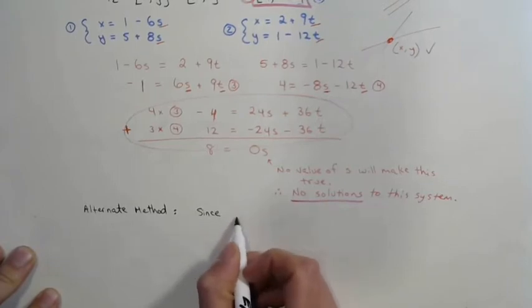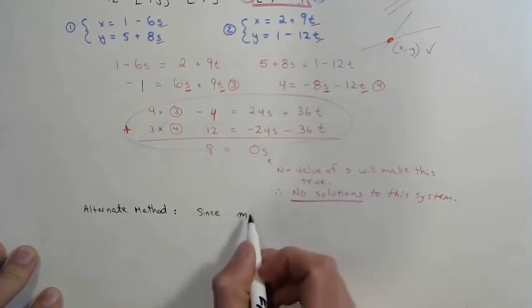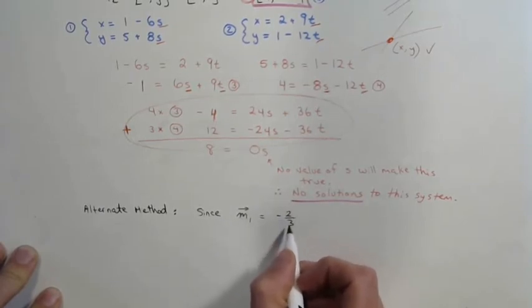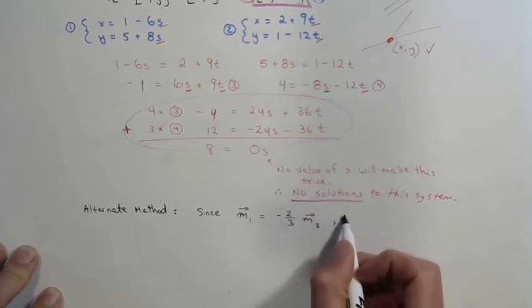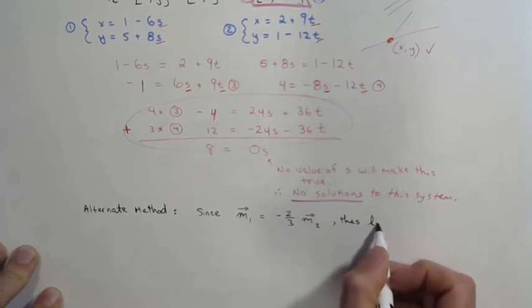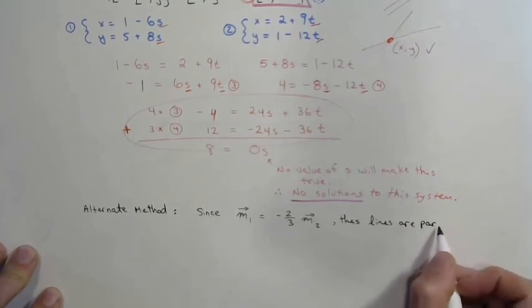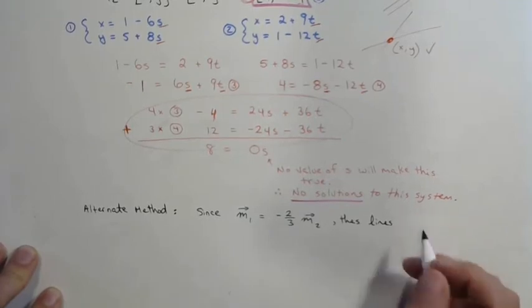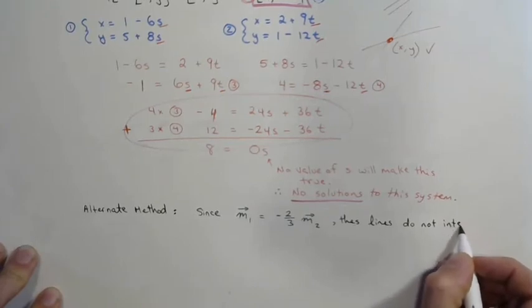Since direction vector 1 is negative 2/3 of direction vector 2, these lines are parallel. Well, they don't intersect, I should say. These lines do not intersect.